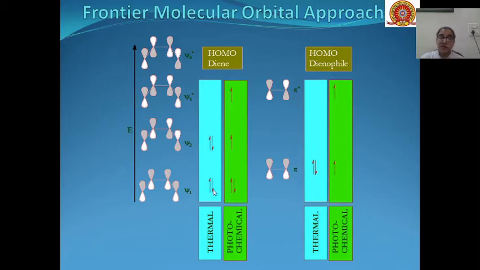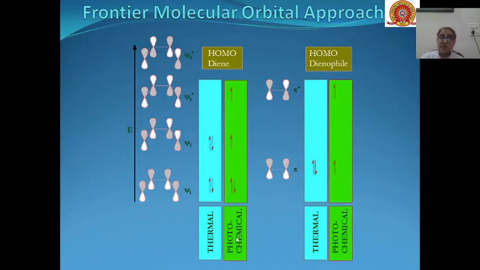And you know, under thermal conditions, diene is having 4 electrons, 2 will be in Psi1, 2 will be in Psi2. Similarly, under thermal conditions, this is having 2 electrons and both are present in the ground state of the molecule.